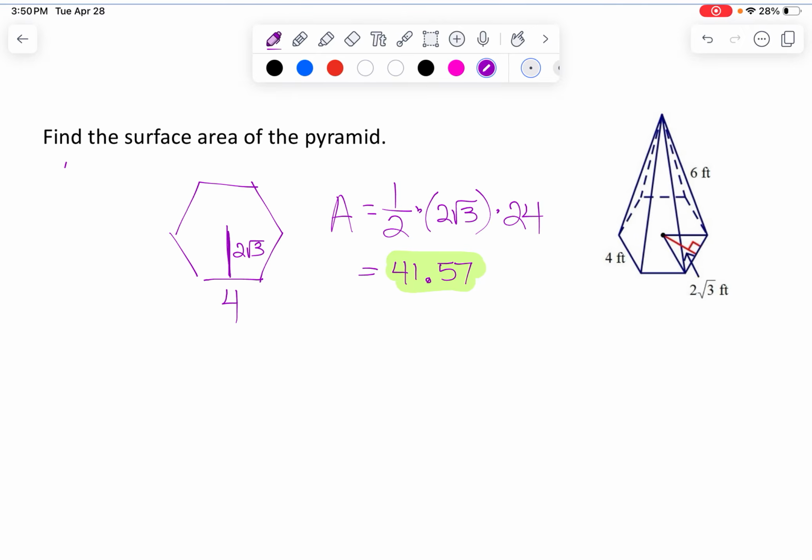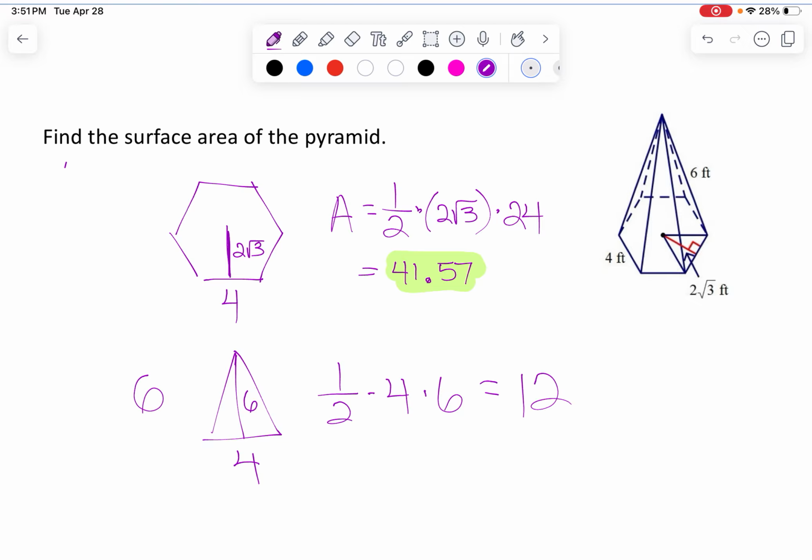And now we've got 6 triangles. I'm going to have 6 of these. The base is 4, and the height is 6, according to right here. So I'm going to say 1/2 times 4 times 6, that's 12.